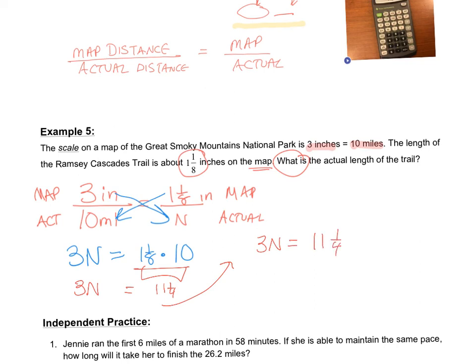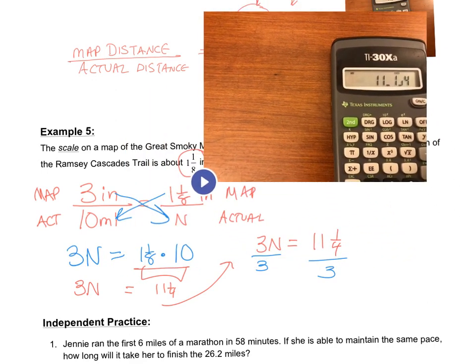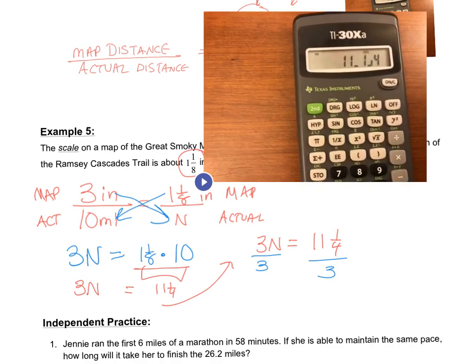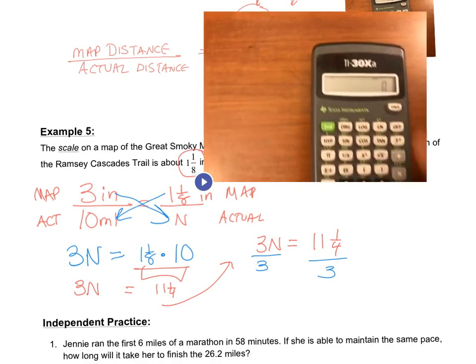Don't freak out about fractions. You do have that resource of the calculator now. Now, in order to solve for n, I'm going to divide by 3 to both sides. Once more, you can use your calculator. If you still have it on the calculator, great. If not, this is how you would do it.